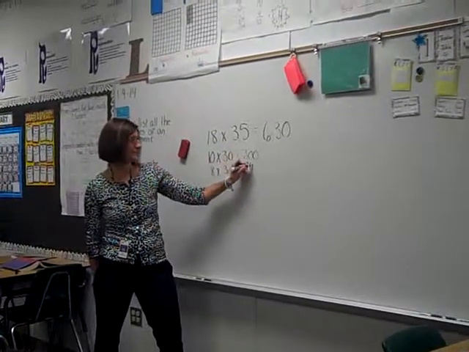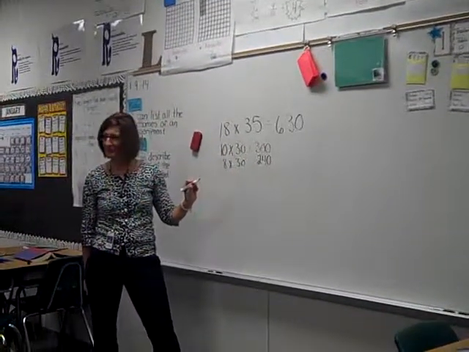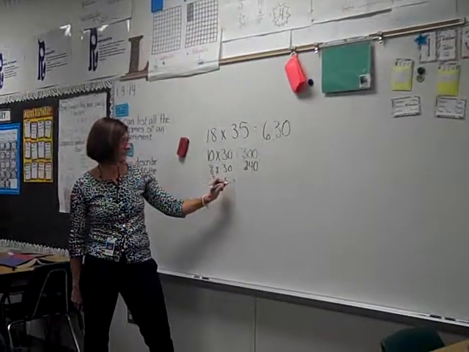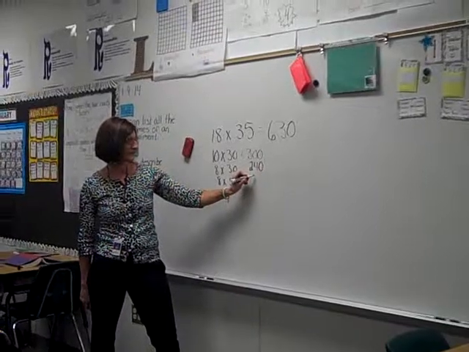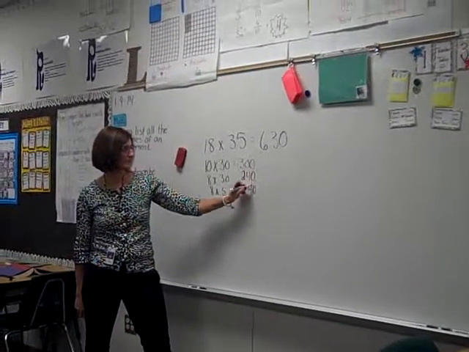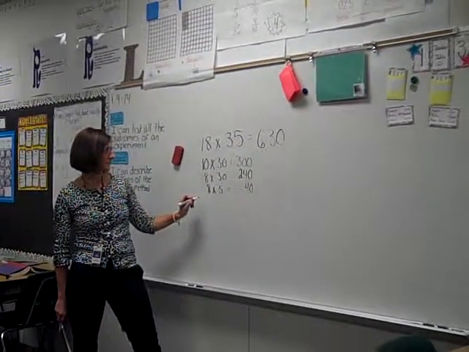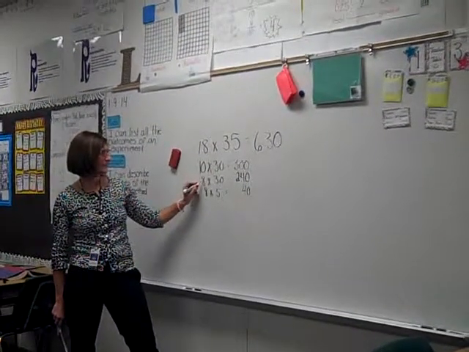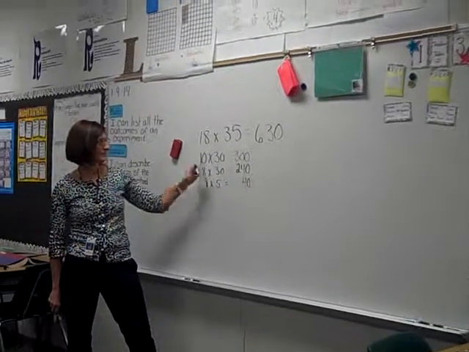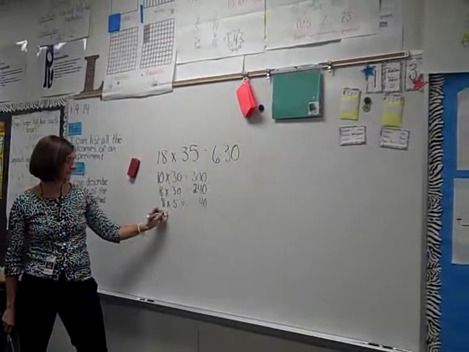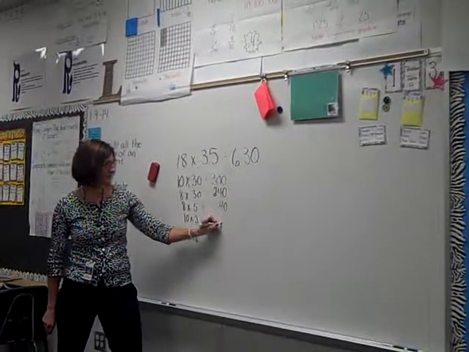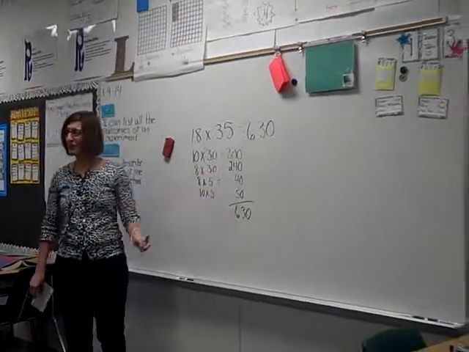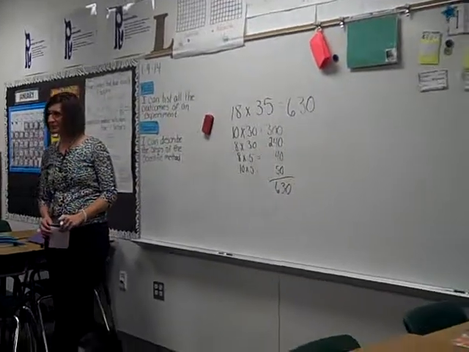Then you do 8 times 5, which is 40. And the last one is 10 times 5, which is 50. Then you add all those together, which gives you 630. Did you hold all those numbers in your head when you did that?